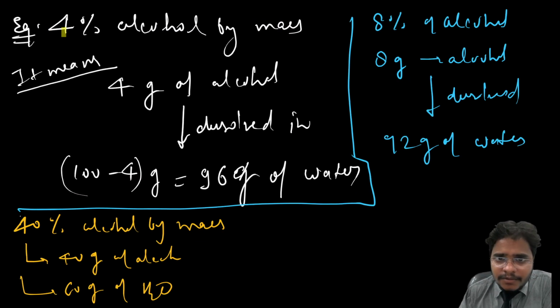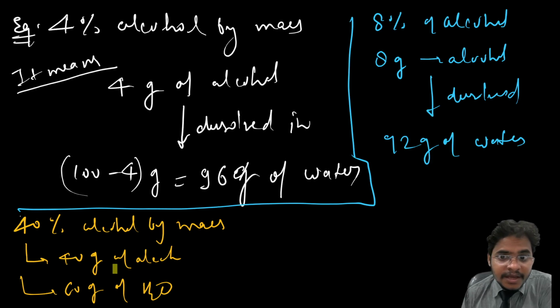Another example, we have the 4% alcohol by mass solution. It means the 4 gram of alcohol dissolved in 96 gram of water. Another example, 8% of alcohol. It means the 8 gram of alcohol dissolved in 92 gram of water. Another example, the 40% alcohol by mass.